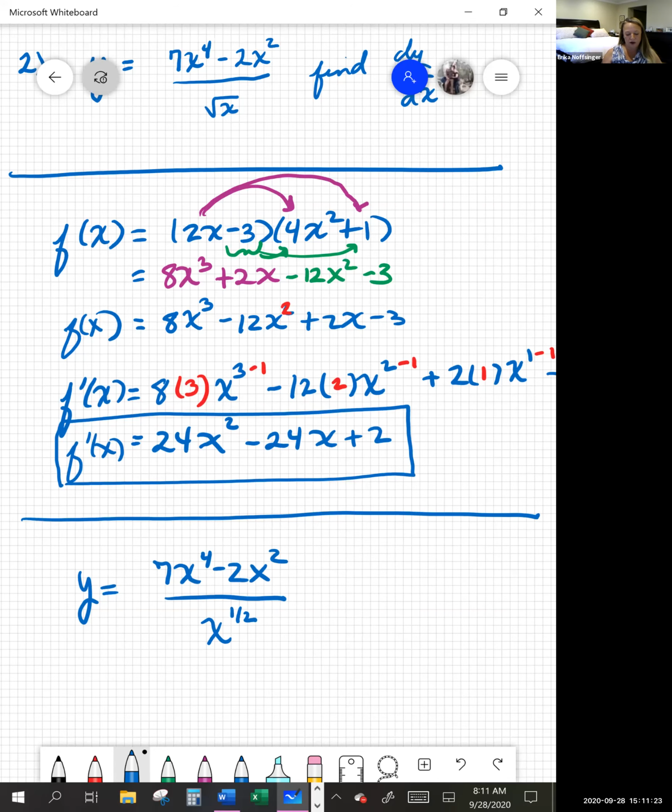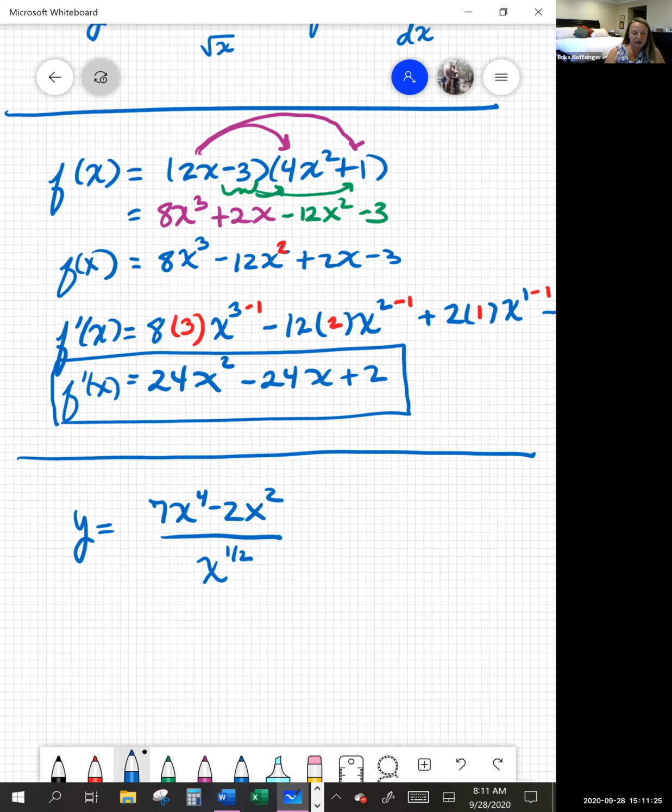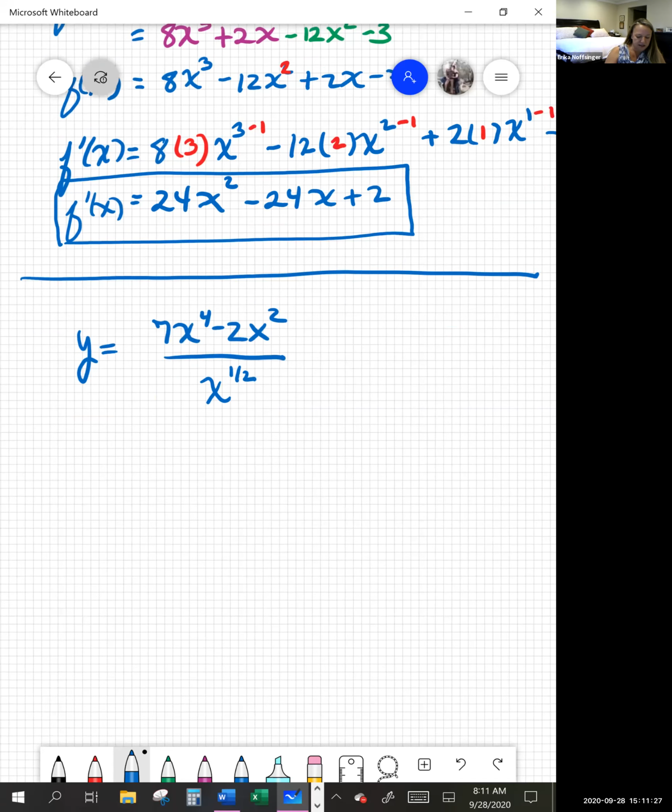Because we only have one term in this denominator, we can break this up as 2 separate fractions. So we have y is equal to the first term, 7x to the 4th, all over our denominator, x to the 1/2. And then our other fraction is minus 2x squared in the numerator all over x to the 1/2.